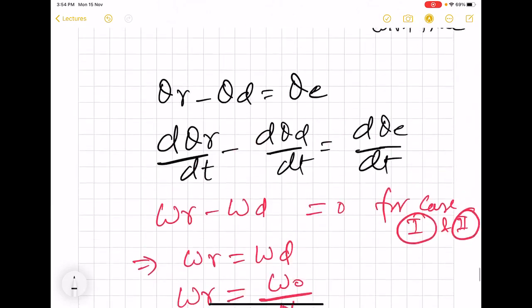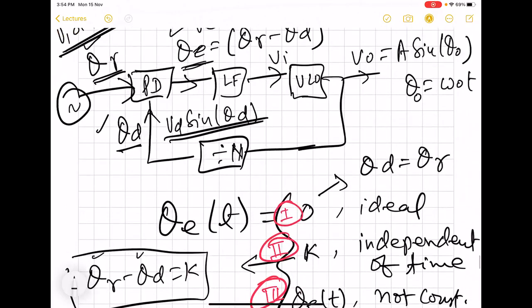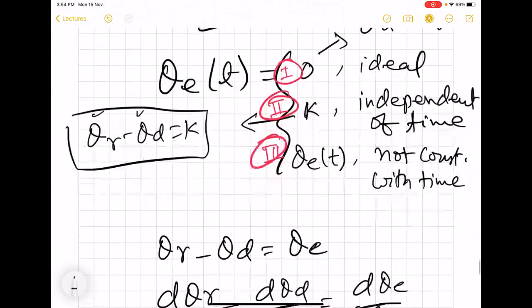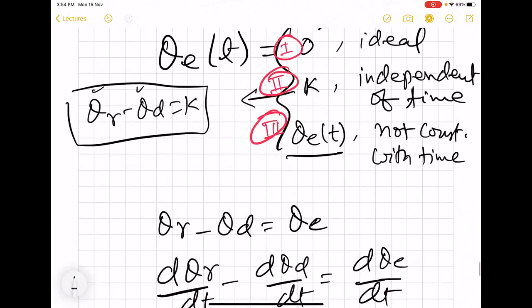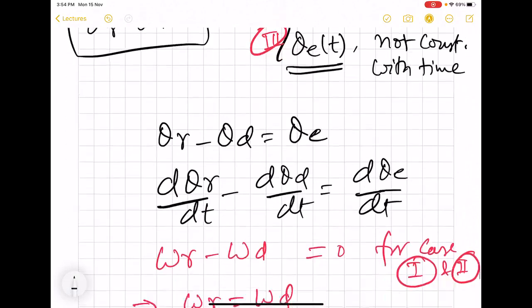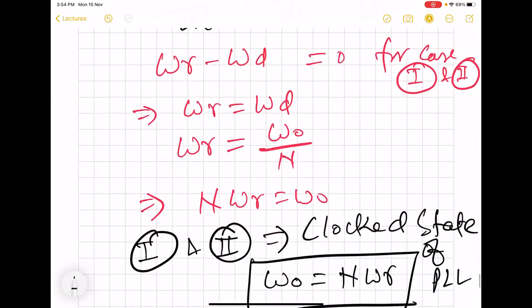That means this loop is able to track this reference frequency. And of course, in case 3, when the error between these two phases is varying with time, it will keep on varying with omega. This is not going to be 0, so we will not be able to get this for case 3.